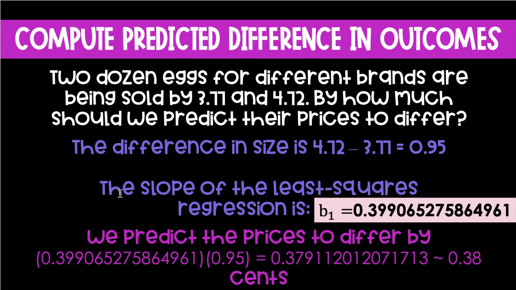So using those values of the brands of the dozen eggs, we can predict that the difference in the milk is going to be 38 cents. Only by multiplying the difference from the eggs values times the slope.